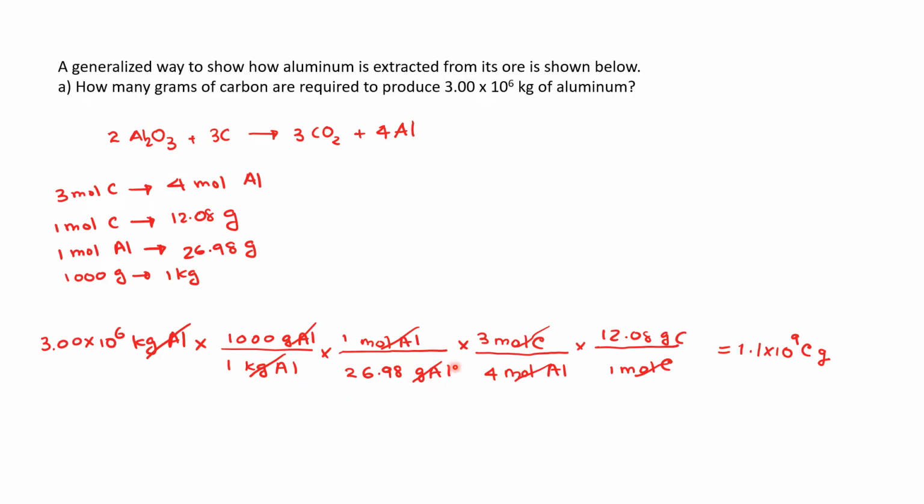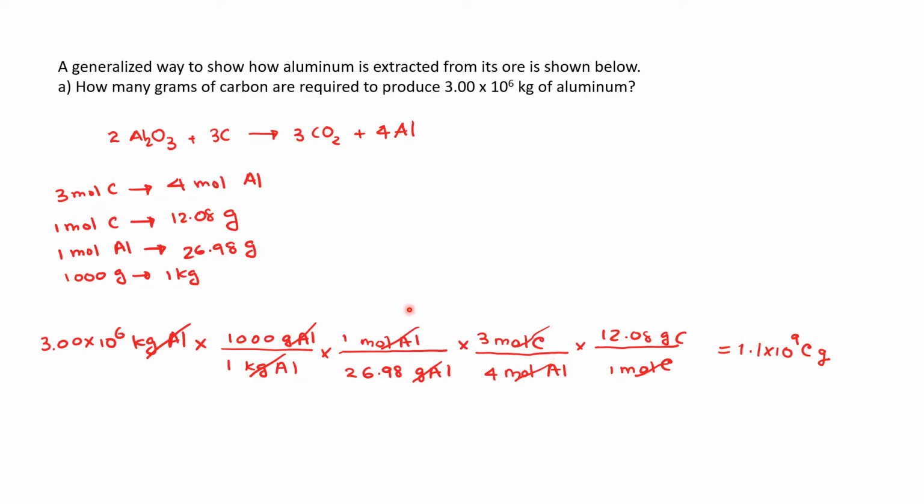Now we are going to find out the number of moles of carbon required to make this much of aluminum. For that, we are going to use the stoichiometric relationship. We know 4 moles of aluminum requires 3 moles of carbon.